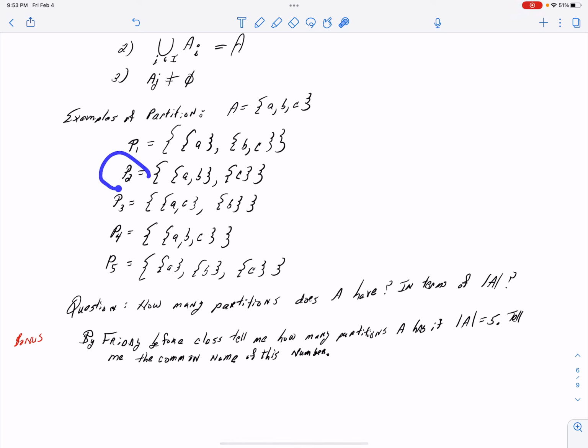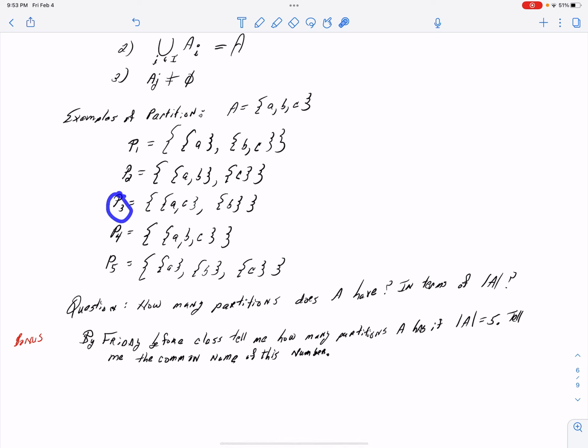What's another one? Well, let's look at another partition, P2. I could have the set {c} and the set {a, b}. Every element from A is in there somewhere. The null set's not in there, and they're disjoint.